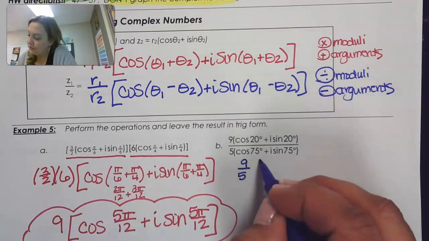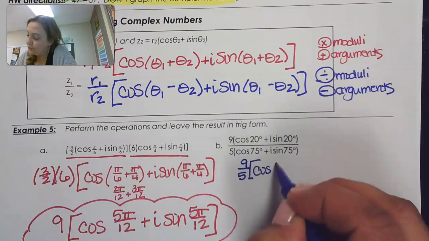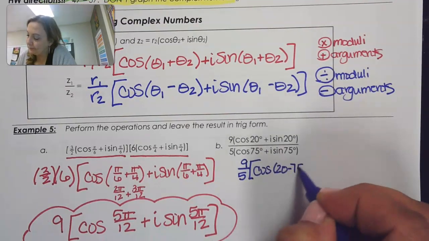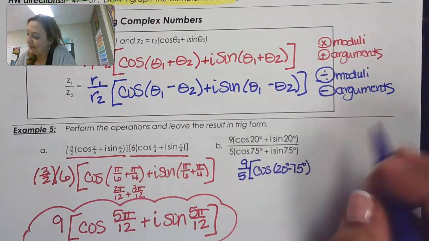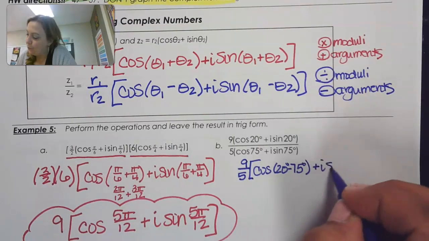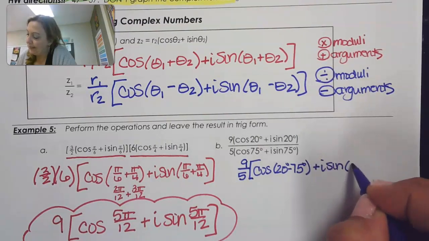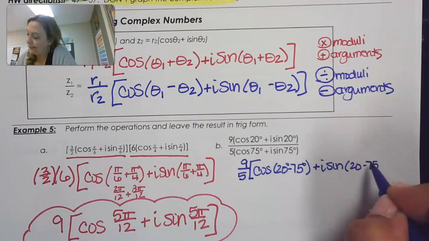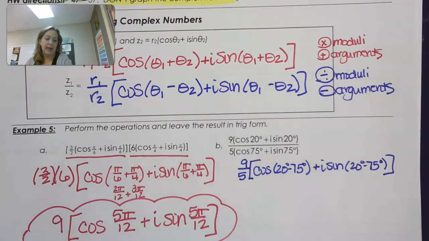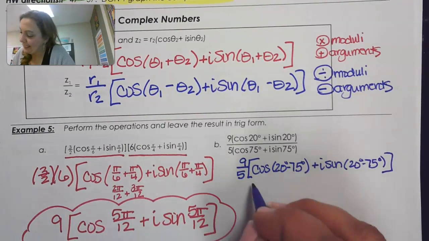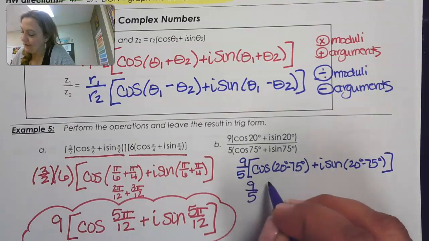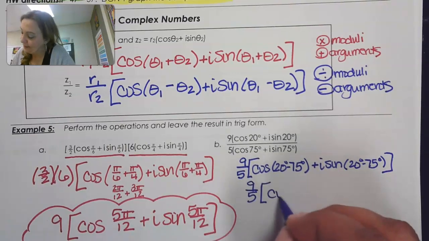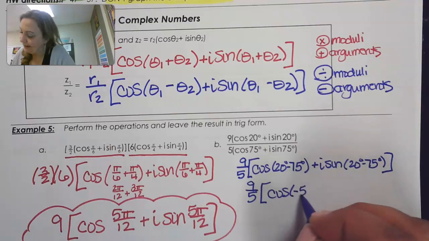Now I want to subtract 20 degrees minus 75 degrees to find the new theta value. When we find that theta value, it ends up being negative 55 degrees.